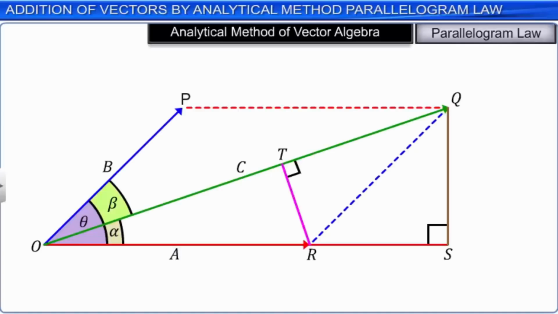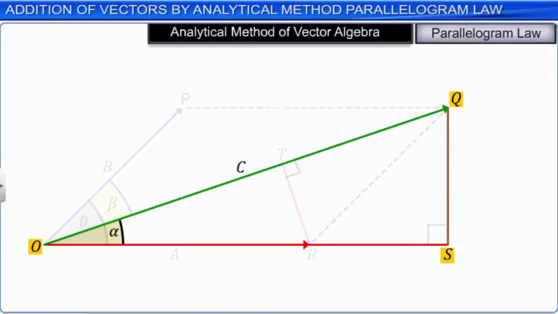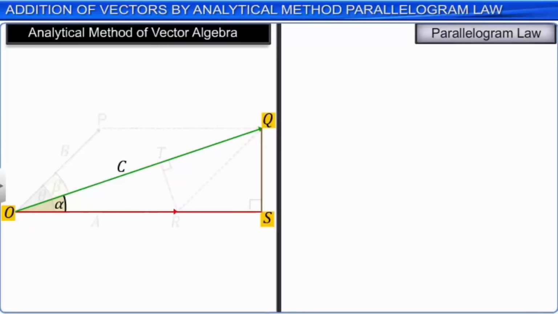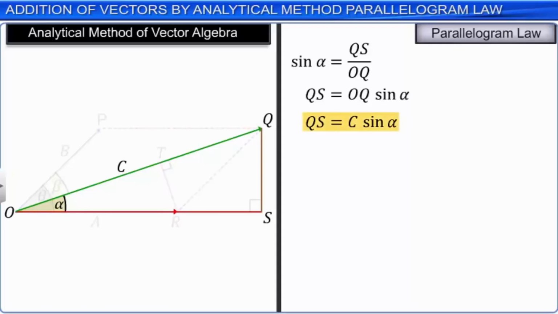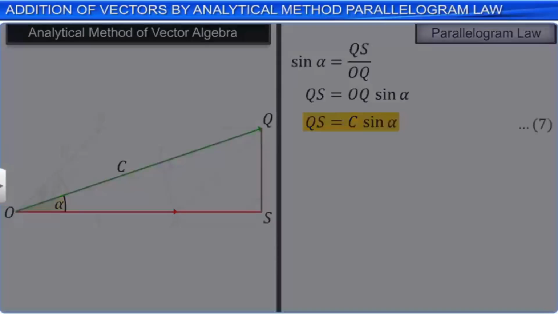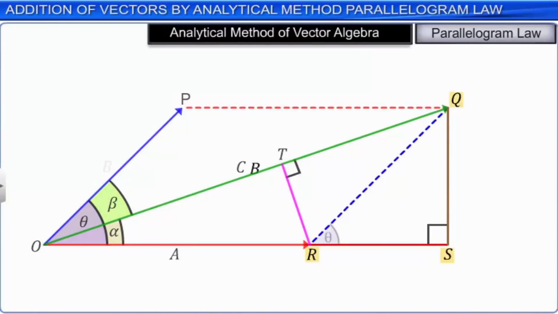Now, consider the triangle OSQ. From triangle OSQ, we can write sin alpha is equal to QS by OQ. QS is equal to OQ sin alpha. QS is equal to C sin alpha. Let this be equation 7. Consider the next triangle RSQ.